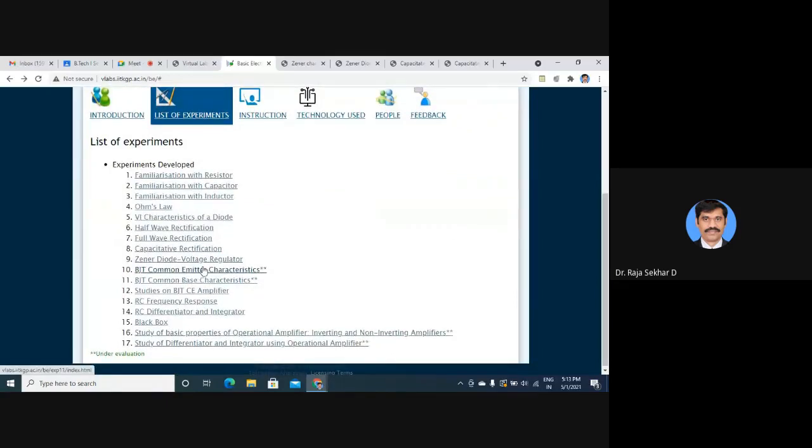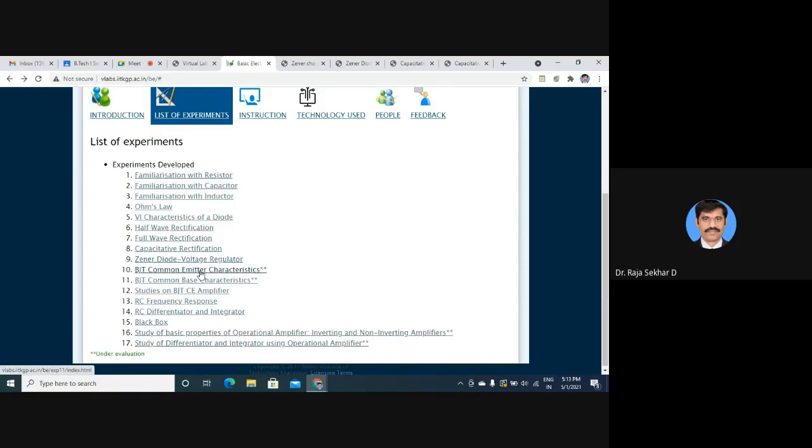Now the BJT. Up to now, how many experiments are completed? In VI characteristics, forward bias as well as reverse bias are 2 experiments, half wave rectifier third, and full wave rectifier 4, half wave rectifier with capacitive filter 5, full wave rectifier with capacitive filter 6. Next, Zener diode load regulation as well as VI characteristics, 8 experiments completed.